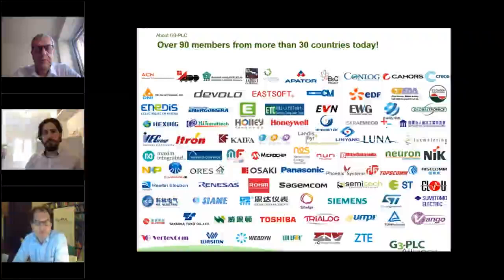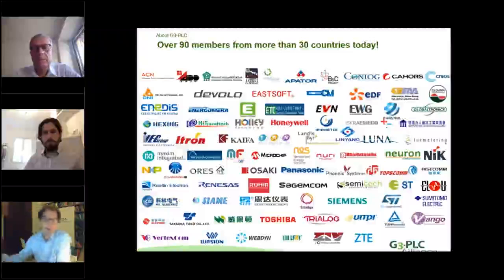One of the most recent new members is the company called ST, which is the main utility in Latvia in Eastern Europe, and they are installing 1 million G3-PLC meters in their grid at the moment. And these are all the logos of all the member companies.